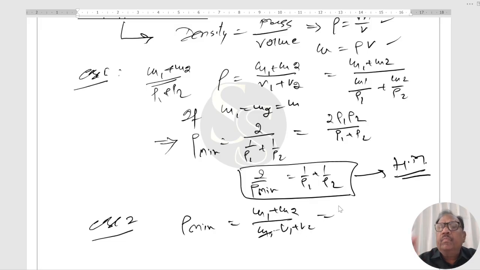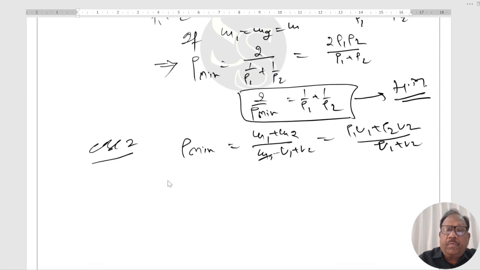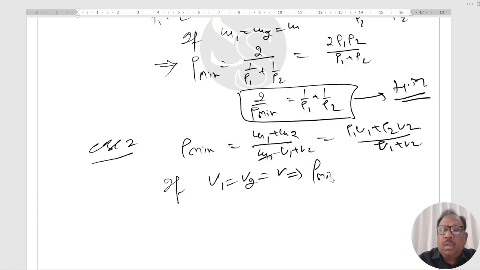We can write the mass as rho 1 v1 plus rho 2 v2, divided by v1 plus v2. If v1 equal to v2 equal to v, then rho mixture will be equal to rho 1 plus rho 2 divided by 2. That is the arithmetic mean.